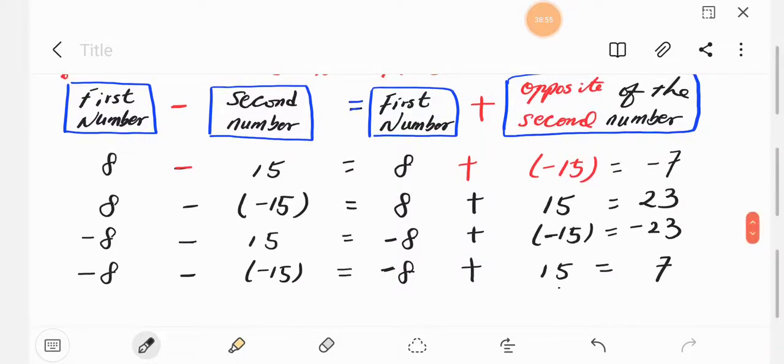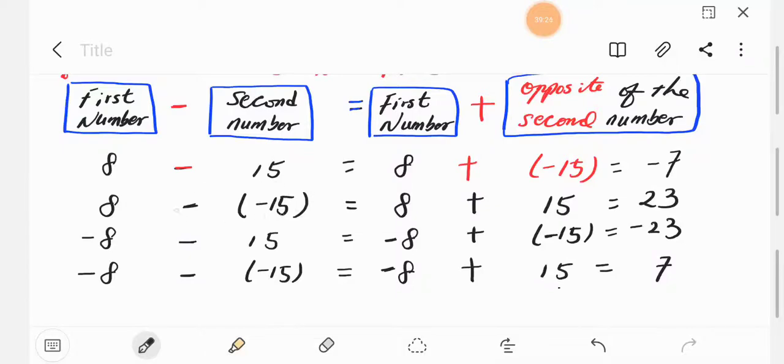Okay, so this is really important. When you subtract two numbers, change the minus sign to plus, and the second number will become the opposite of the second number. So in this case, minus sign becomes plus, and 15 becomes negative 15. And this minus becomes plus, then negative minus 15.